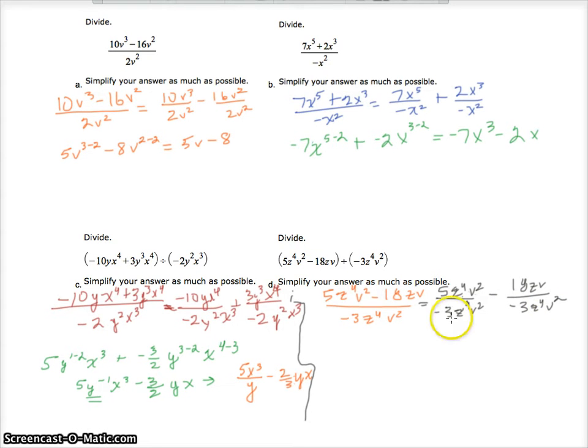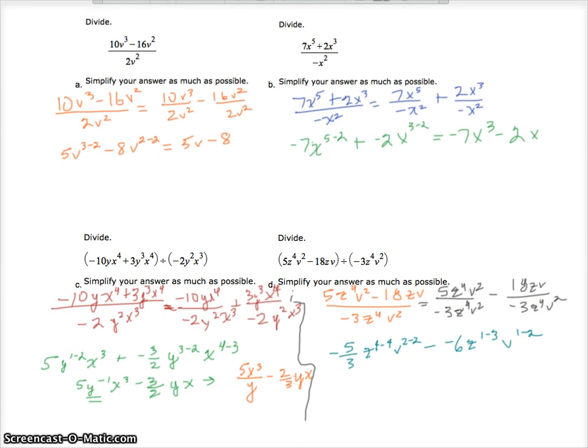Okay, let's do our simplifying. 5 over negative 3 gives me negative 5/3. And then I end up with z to the 4 minus 4 and v to the 2 minus 2. Minus 18 divided by negative 3 gives me negative 6, and I end up with z to the 1 minus 3 and v to the 1 minus 2.